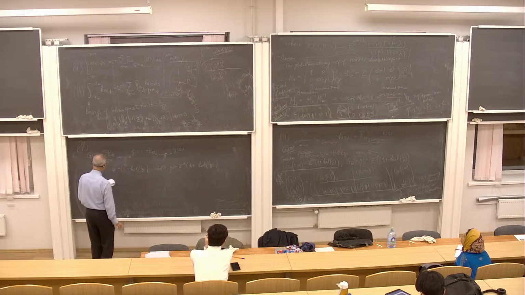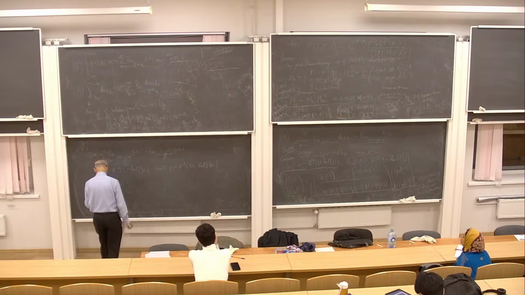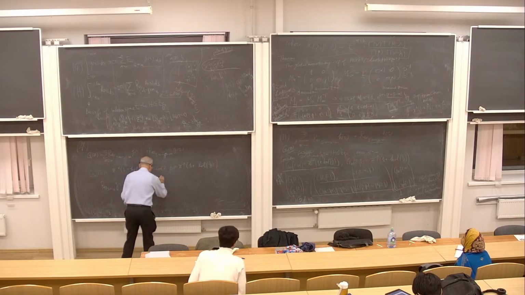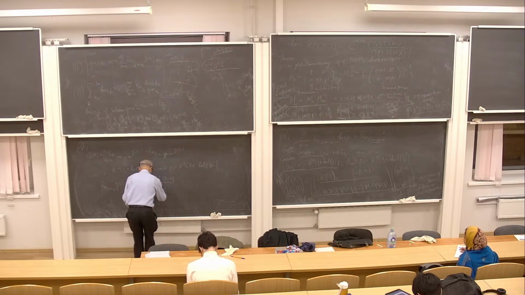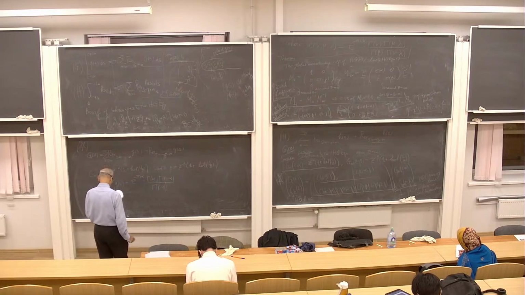So the residue at minus alpha of G(s). What is this? It is e to the power minus pi alpha times gamma alpha. Yeah, that's all. That I wrote before.